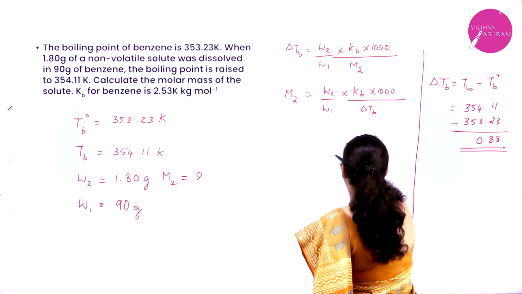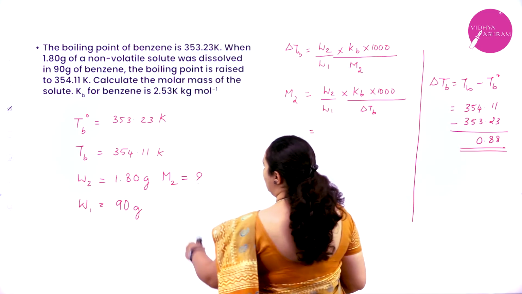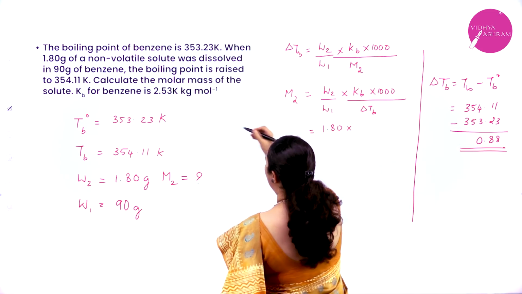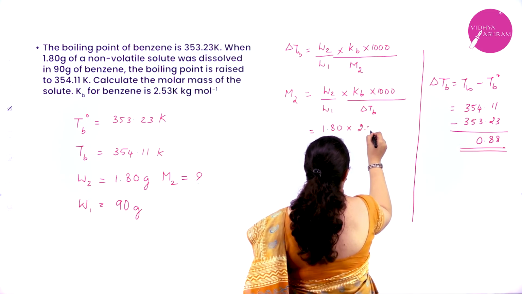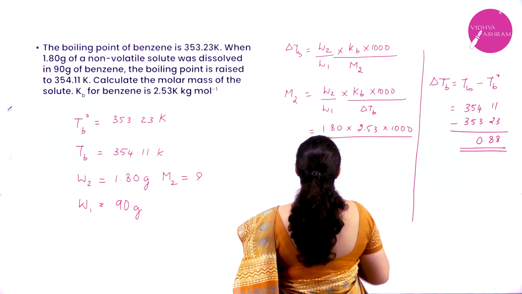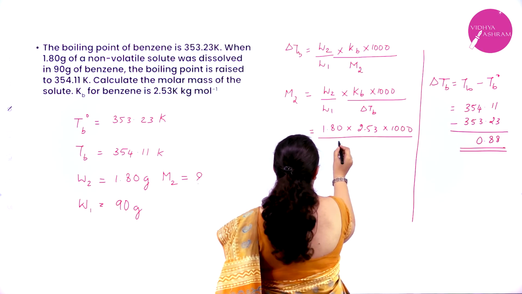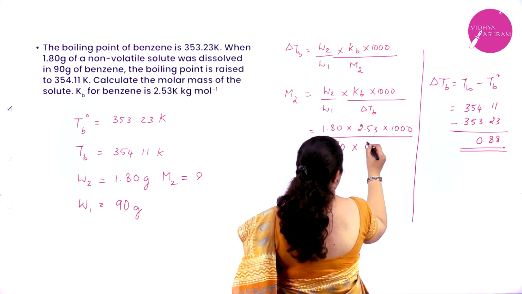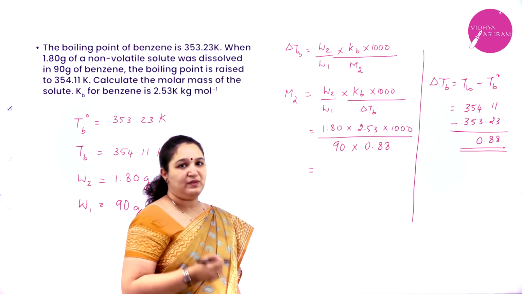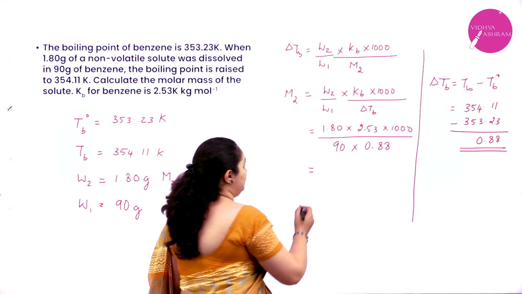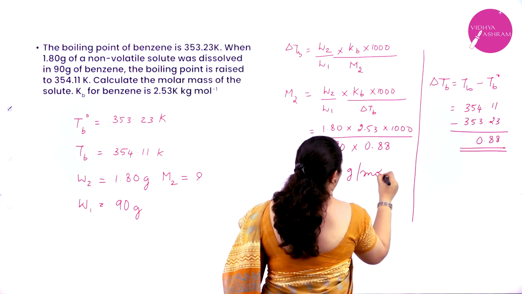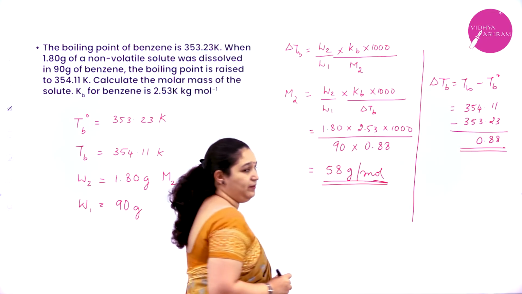Now I'll substitute the remaining. W2 is 1.80 into Kb value is 2.53 into 1000 divided by W1 is 90 into 0.88. If I solve this, I'll get the answer as 58 gram per mole.